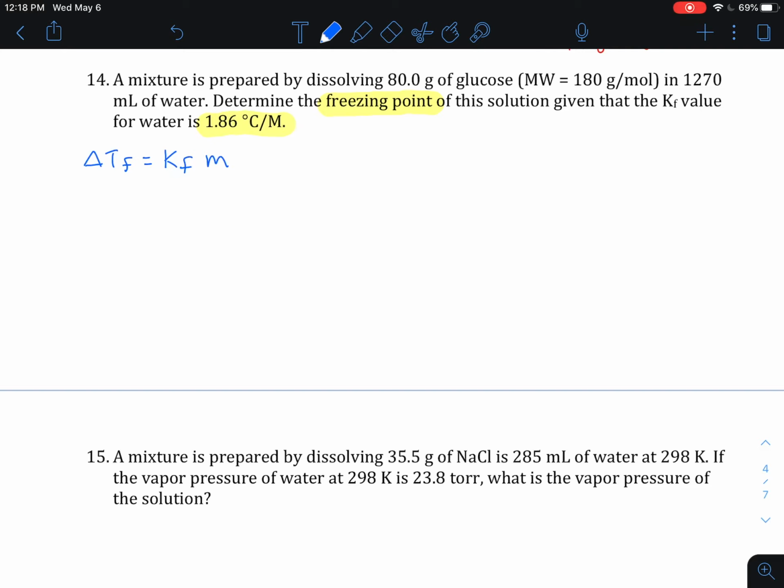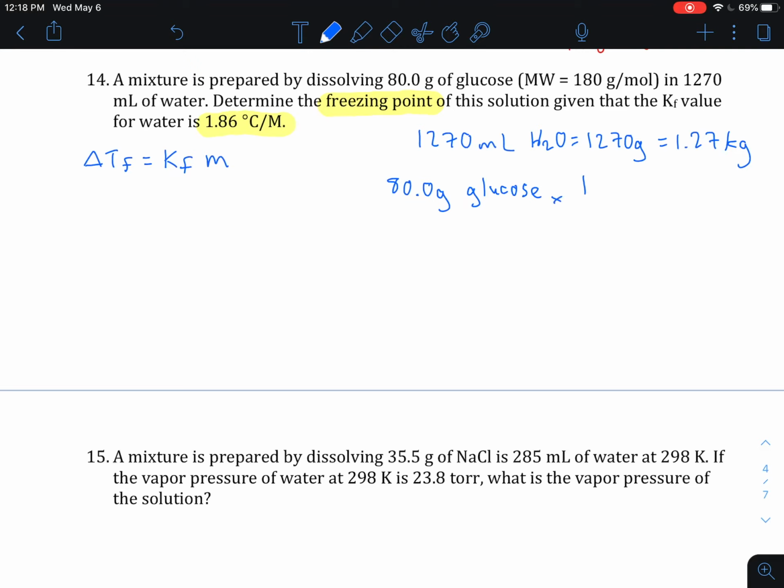of our solution. So we have Kf, so it's just a matter of figuring out the molality, and we have the information that we need. The only thing we need to say here is let's go ahead and assume that 1270 milliliters of water, but that's 1270 grams or 1.27 kilograms, which will be eventually in the denominator of our molality determination.